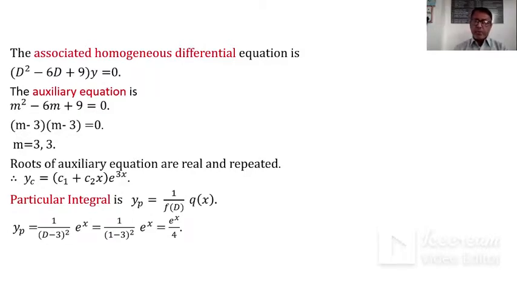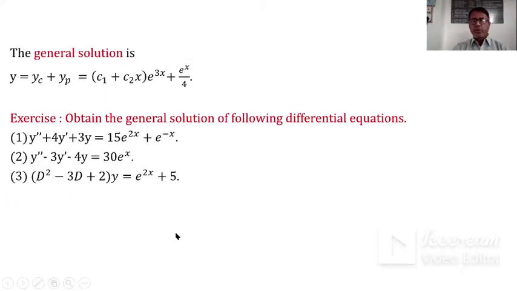Again here a is 1. If we substitute D by 1 directly, then the denominator is non-zero. That's why we substitute D by 1 directly, and we get this. Yp is e to the power x upon 4. And from this, we write the general solution.